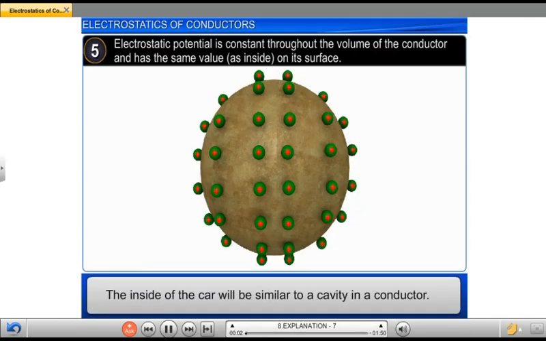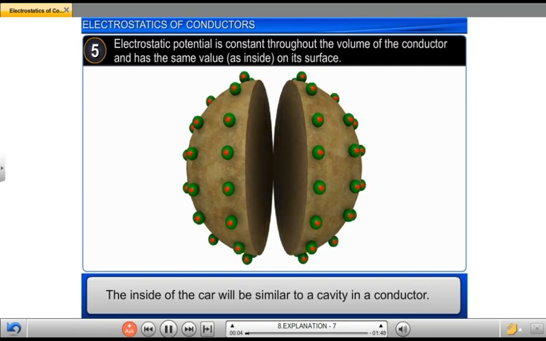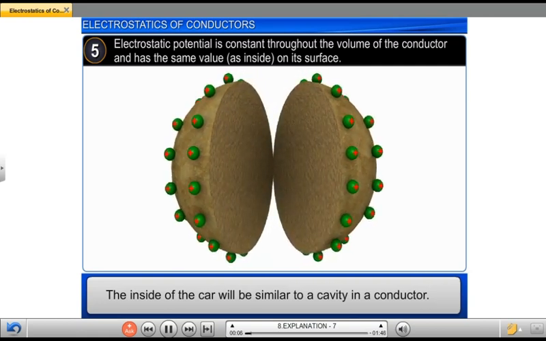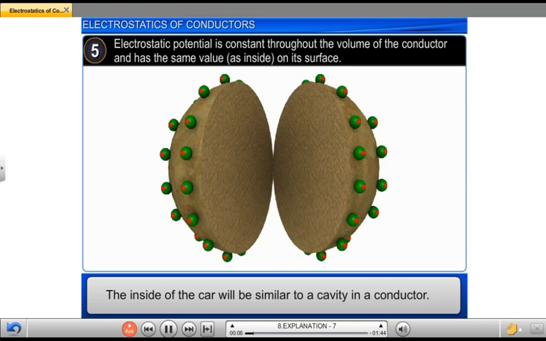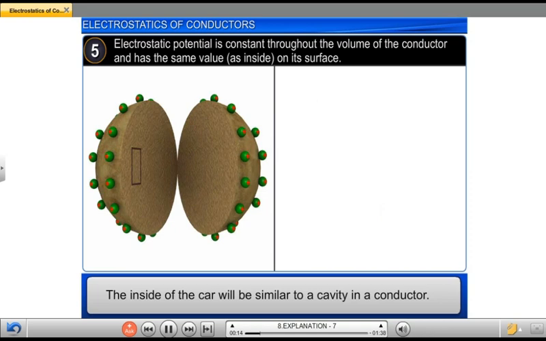Five, electrostatic potential is constant throughout the volume of the conductor and has the same value as inside on its surface. Inside the conductor, the electric field strength E is equal to 0.